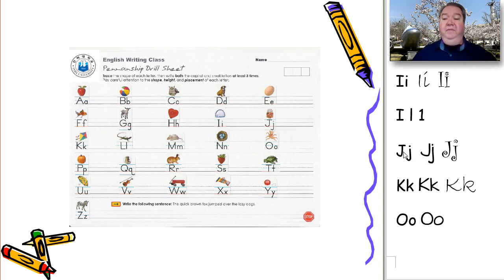Same with the J. Capital J, make sure you've actually got a curve here at the bottom, okay? And with capital J, a lot of times we'll write it with the line across the top, but we can also write it without the line at the top. This horizontal line, you don't have to do that.